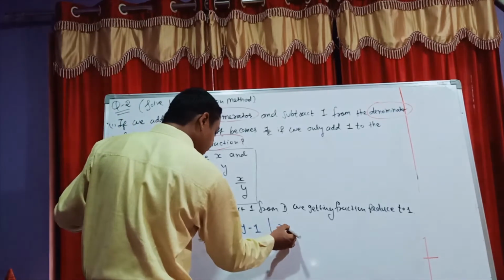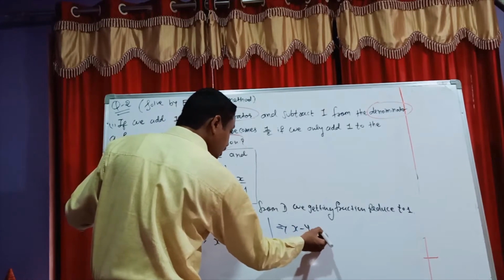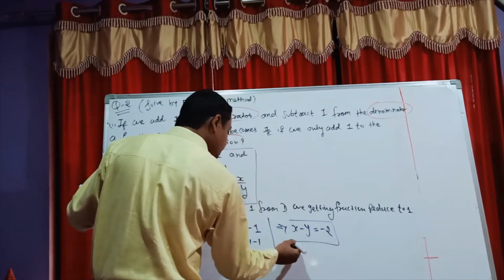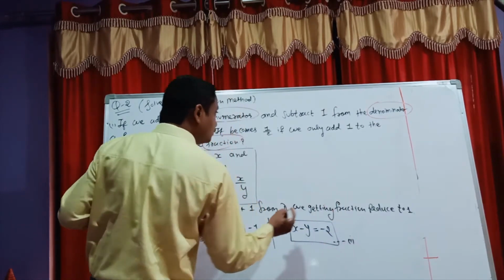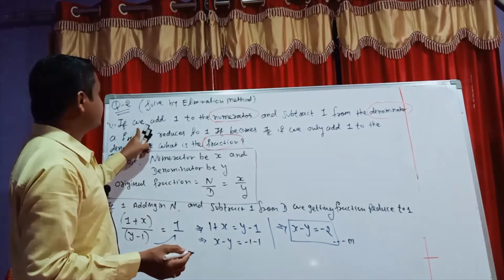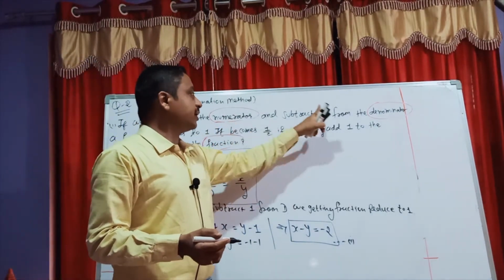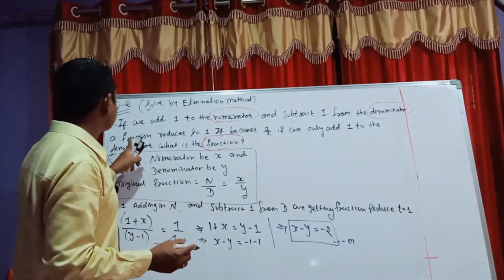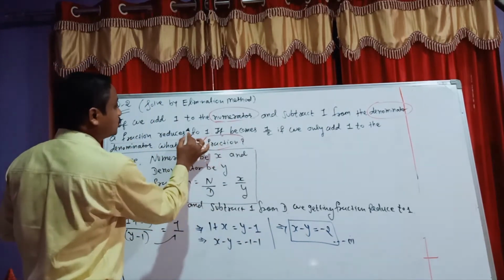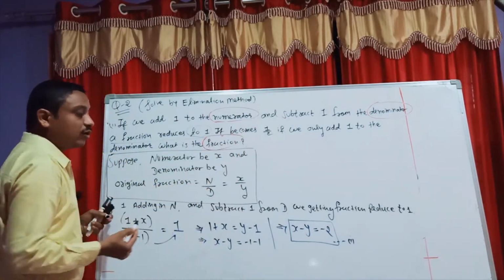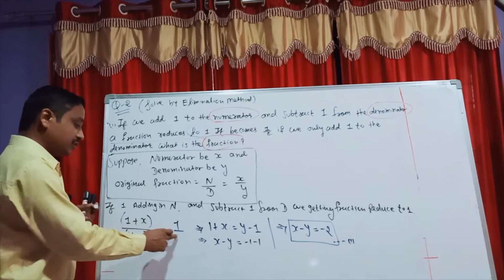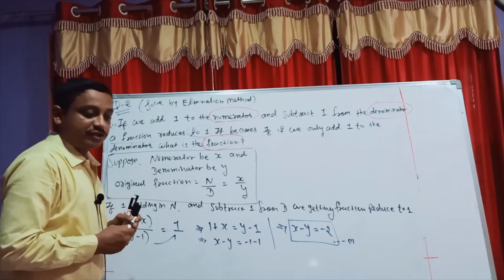So finally, x minus y is equal to minus 2. That's my first equation done. Students, one more time I explain: adding 1 to the numerator and subtracting 1 from the denominator, we get the fraction equal to 1 only. So here only 1 I apply for the equals.